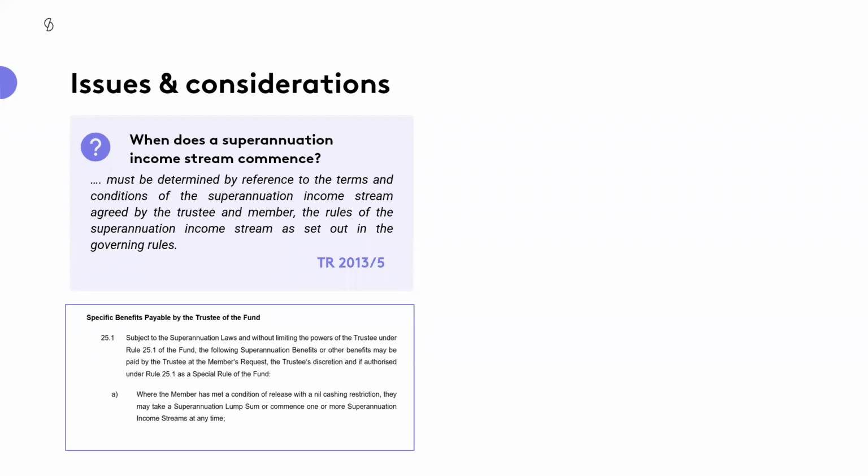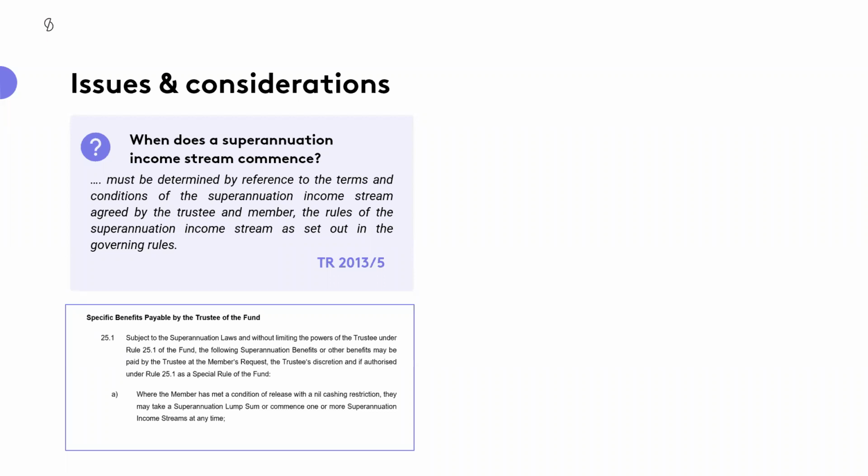So what we must have is an agreement between the trustee and the member. You can't simply have documentation that is one way. We can't just say the trustee hereby agrees to pay a pension. We need consent between both parties that in essence forms a contract. Where we have that contract between the parties, it gives us the scope to think about other changes that could be made along the way, as long as the governing rules of the deed and or the pension allow us to do so.